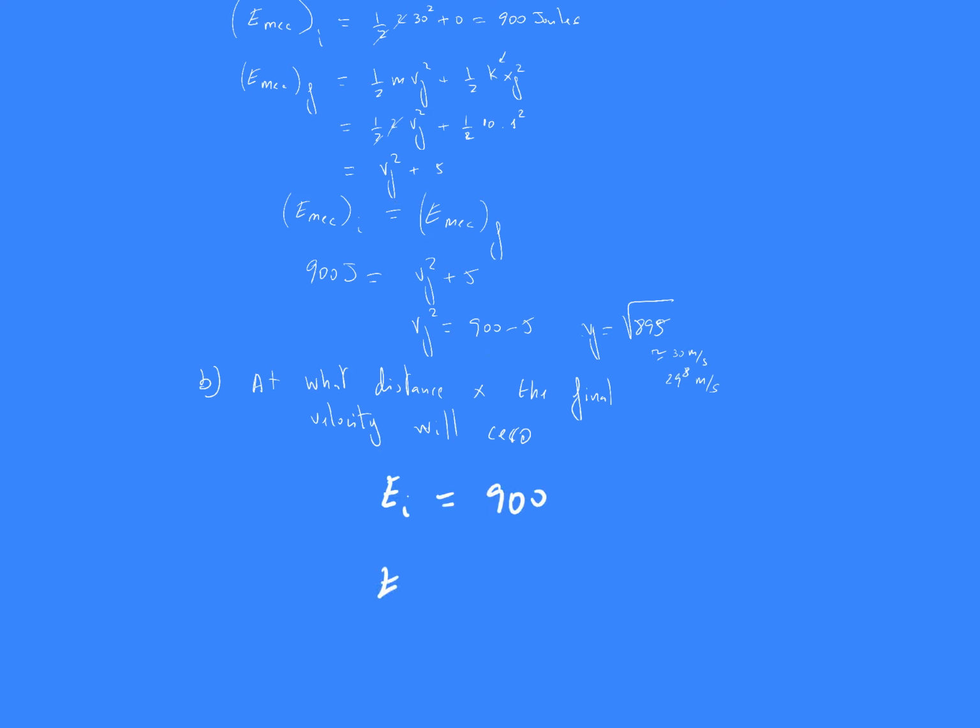On the object there are two forces acting: the weight going downwards, and the force of the spring. If this is the equilibrium position and you displace a certain amount, x or y, in this case y, what will happen?